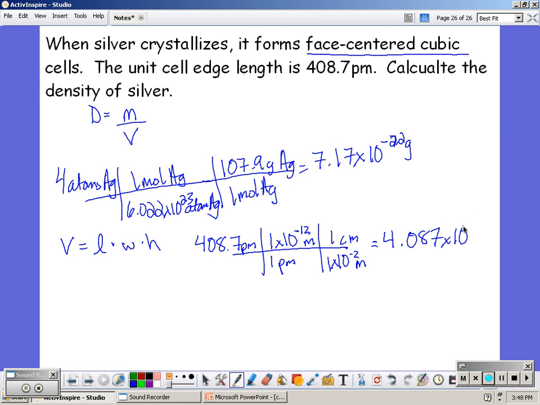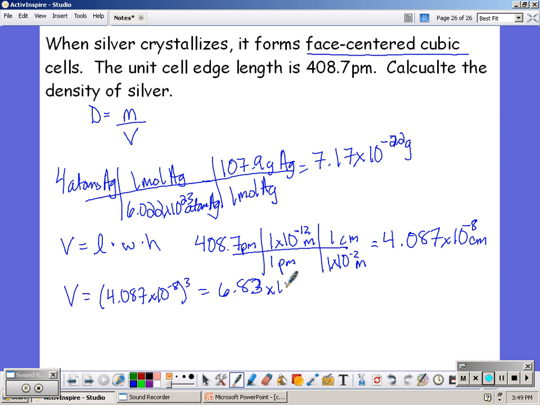Now I want the volume, so I would want to take my length, width, and height, which should all be the same because it's a cube, and cube it. So that gives me 6.83 times 10 to the negative 23rd centimeters cubed.